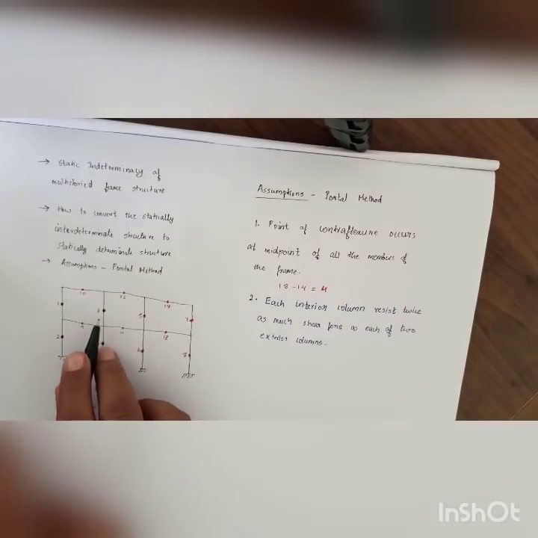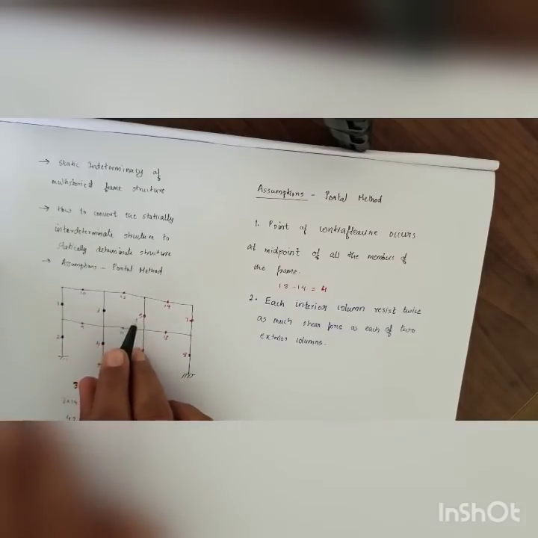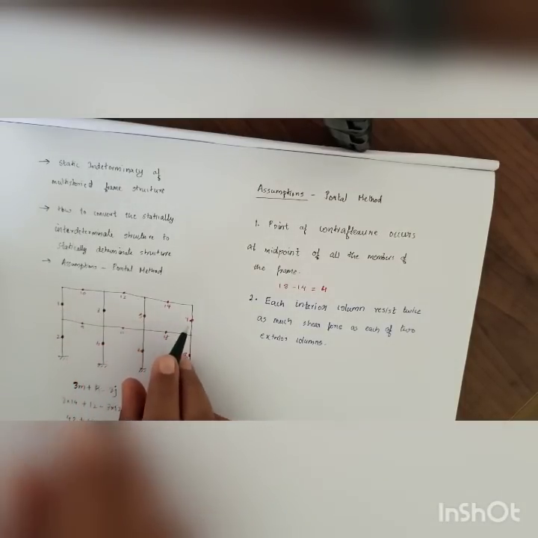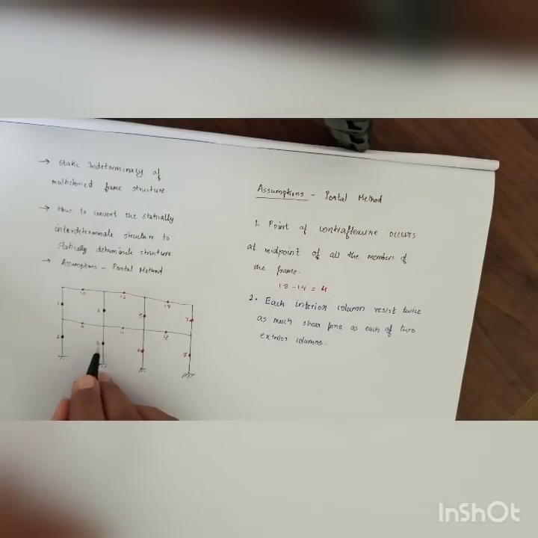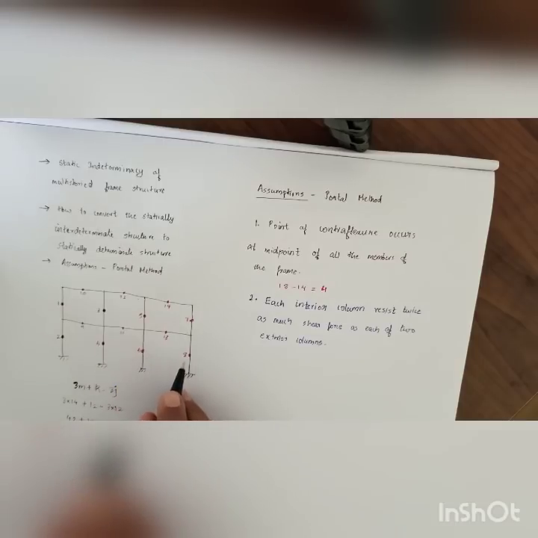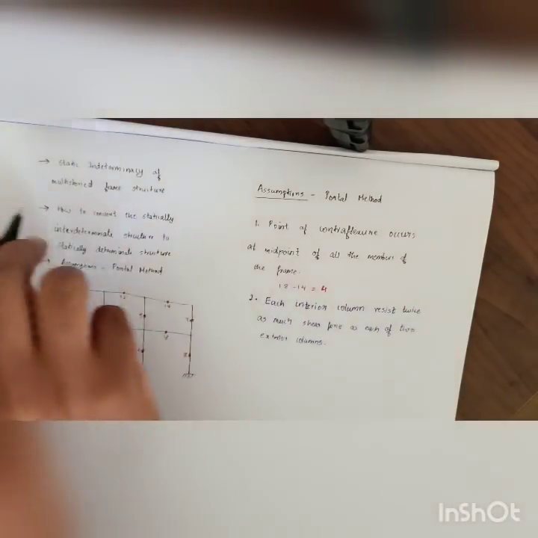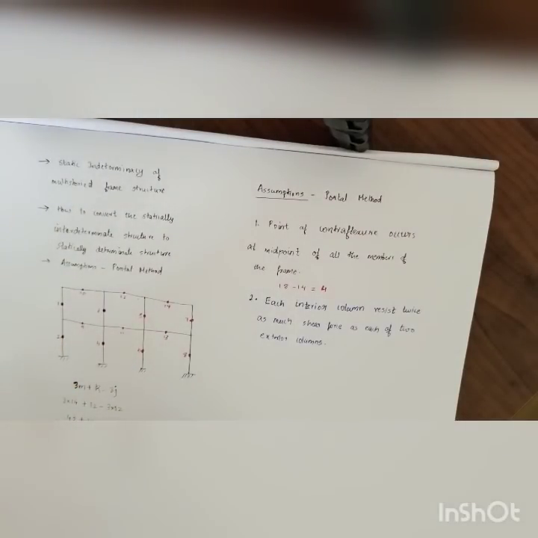So here you are getting 4 more equations. So the third column takes double the shear of the first column, the fifth column takes double the shear force of the seventh column, the fourth column takes double the shear of the second column, and the sixth column takes double the shear of the eighth column.